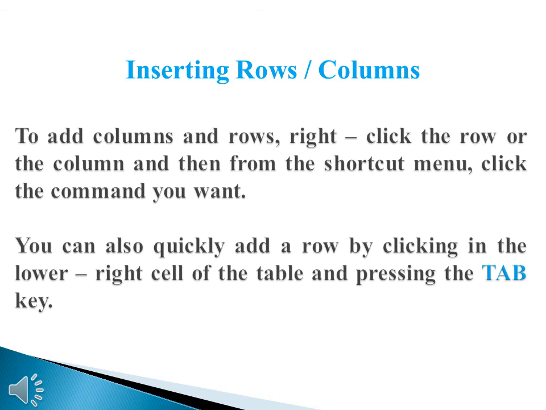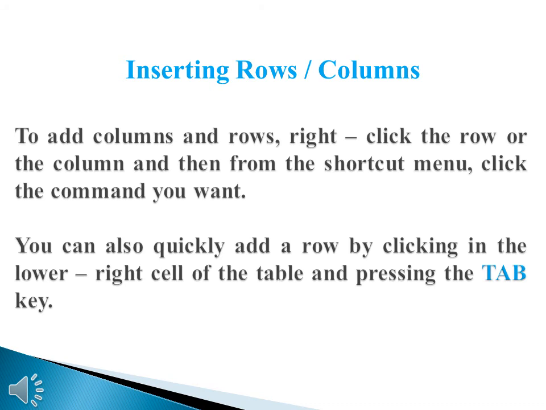Now we will discuss steps to insert rows or columns. To add columns or rows, right click the row or the column, and then from the shortcut menu click the command which you want, that is either add rows or columns.